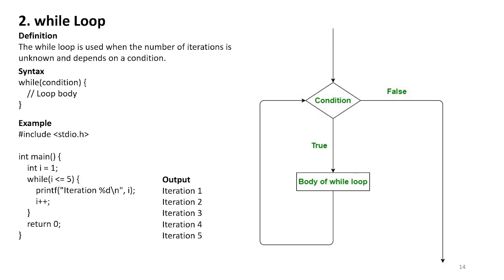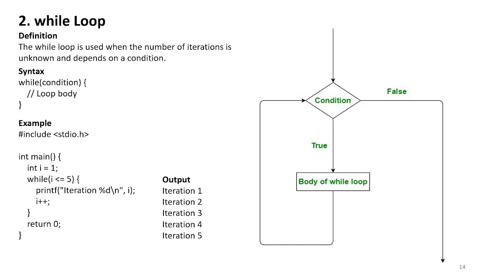For now let's discuss the syntax and then an example. The syntax is: while, then the condition which should be satisfied, and the internal code is executed in the body, which is written inside the brackets. So simple syntax.